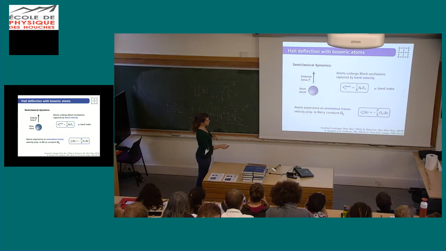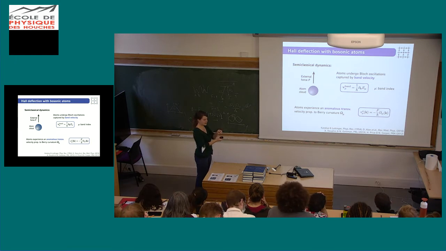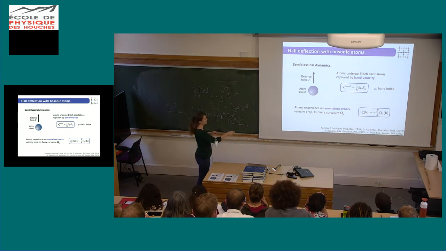So there's another component of the velocity, which is proportional to the Berry curvature and proportional to the force. So we expect that if we apply a force to our wave packet and it explores a region of non-zero Berry curvature, it will start to move to the side. Okay, so if we apply the force in this direction, it will start to move perpendicular to that.